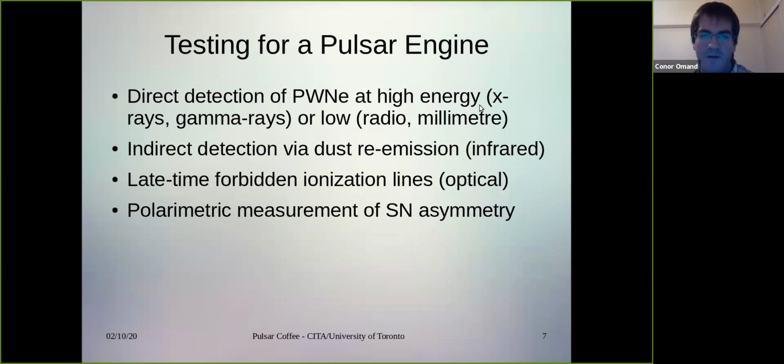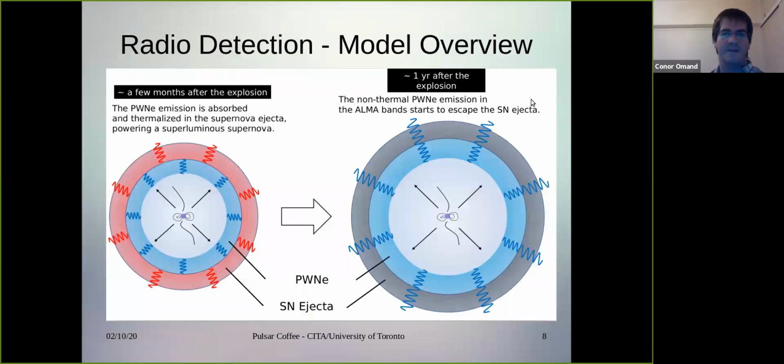What I've been working on so far is these radio millimeter studies and this infrared stuff. I haven't worked so much on the optical or polarization yet. I'll talk about this a little bit at the end, but this talk will be focused on these two tests.